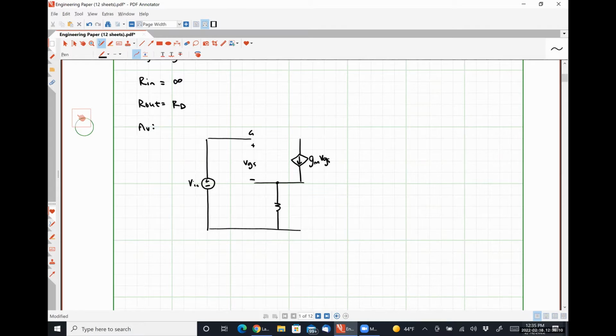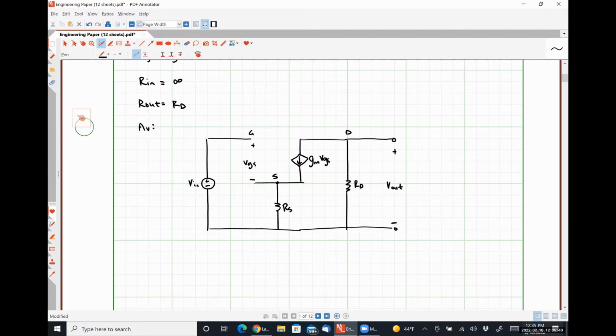VGS. Here's our resistance RD. Here is our output voltage V out. And our voltage gain, as per usual, is simply the ratio of V out divided by V in. This guy is RS, and I'm going to label my terminals here.